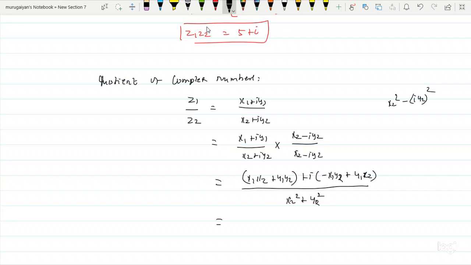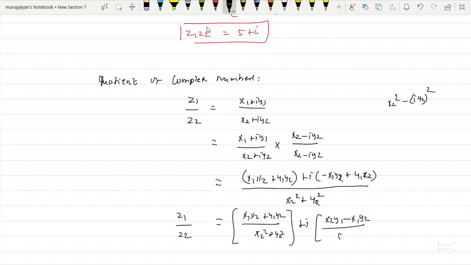Now we are in a position to write the quotient of complex numbers in the standard form. What is the real part of z1 by z2? It is x1 x2 plus y1 y2 by x2 square plus y2 square. This is the real part, plus i times the imaginary part, which is x2 y1 minus x1 y2 by x2 square plus y2 square.